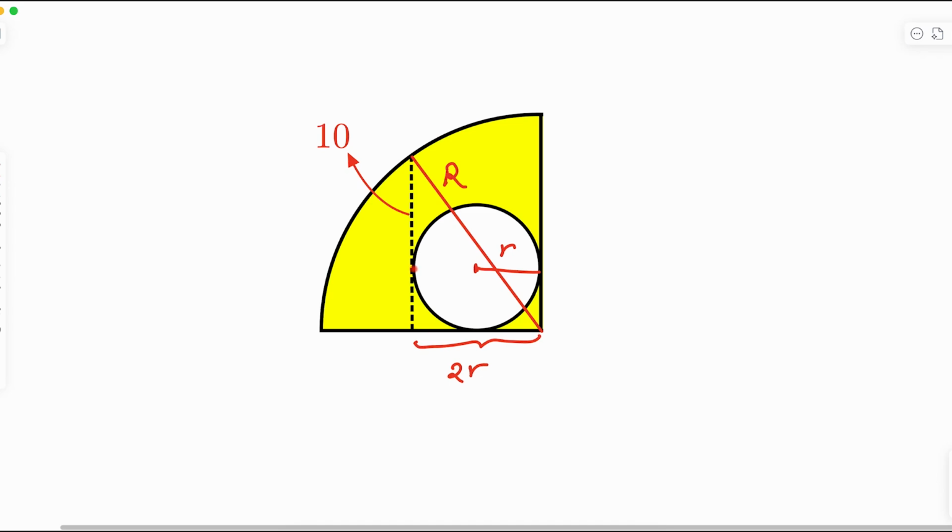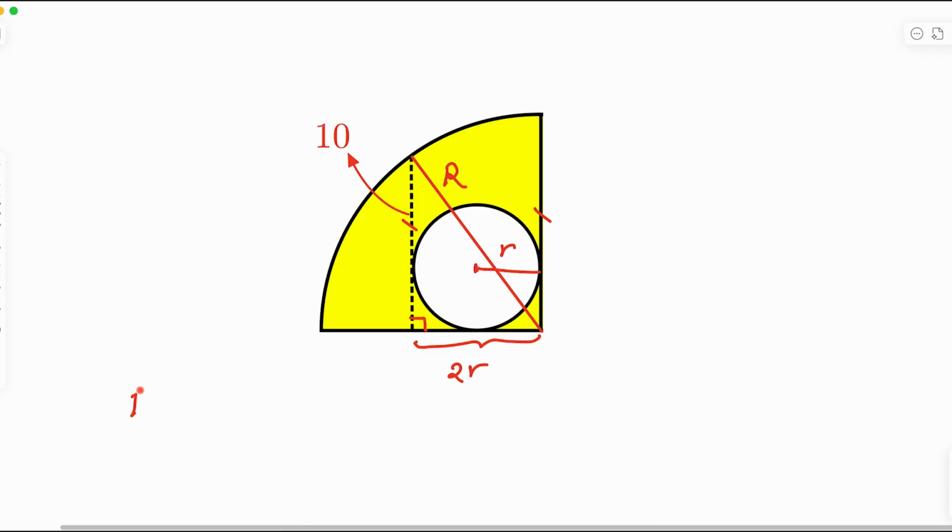So we have a right triangle, because this line is parallel with this line, which makes this a right angle. So we can use the Pythagorean theorem to find an equation between these parameters.